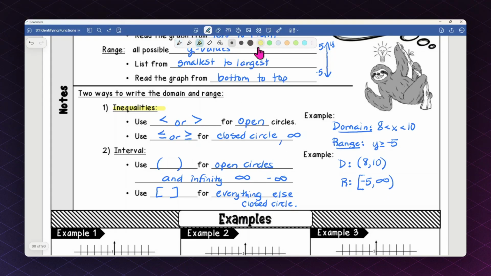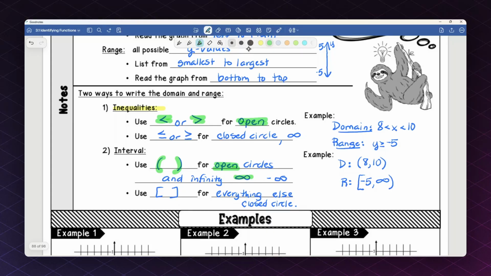So we can even try to color code this a little bit to keep it straight in our head. If it's a less than or greater than, that's going to be like your open circle. Your open circle down here, you're going to do parentheses. And that's also true if it's infinity.